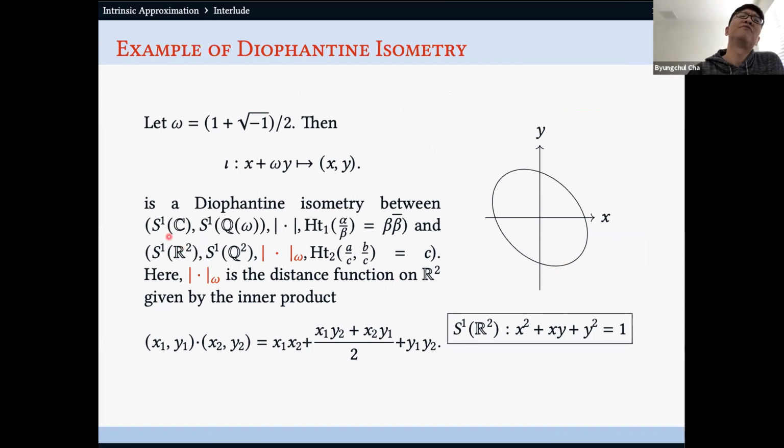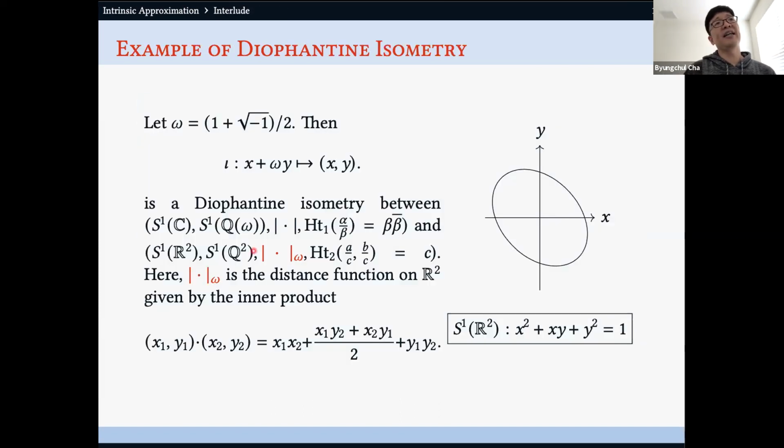If you now define a rational object in the unit circle in the complex plane differently, namely you declare your complex points rational when the point is defined over omega, where omega is a sixth root of unity, then height is defined the exact same way. It's the norm of the bottom.